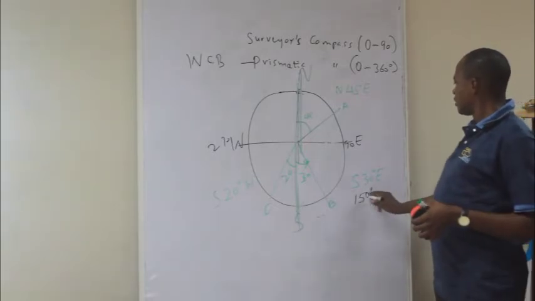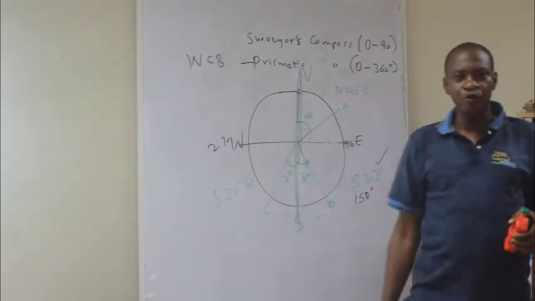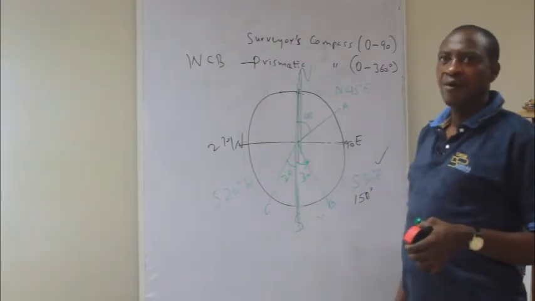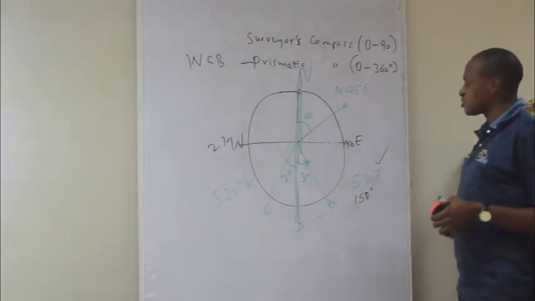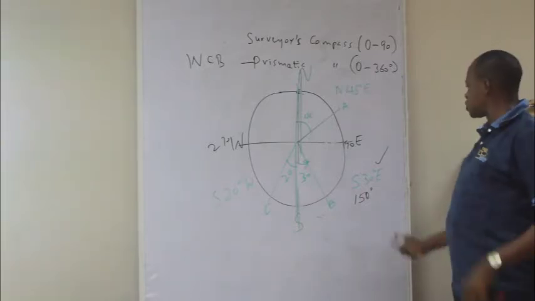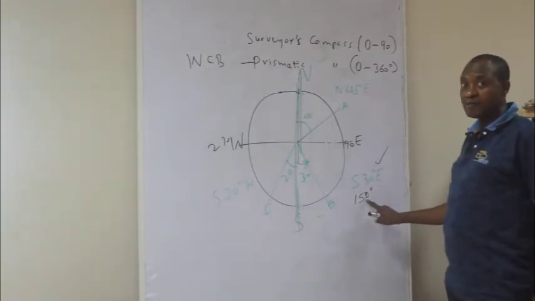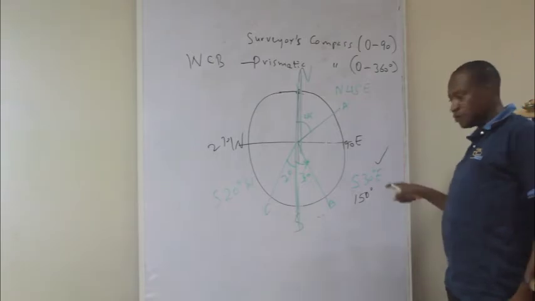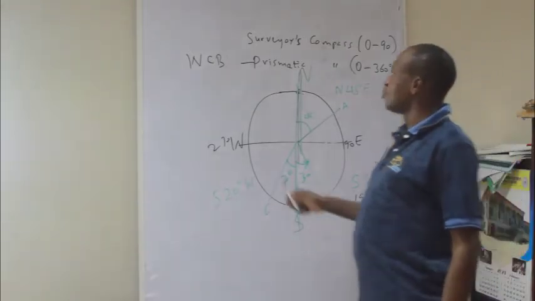In that case, if you were given this as observed with the equipment, with a Surveyor's compass, and you convert it to whole circle bearing, you didn't observe it, you only calculated it and reduced it. In that case, we are now going to call it a reduced bearing.